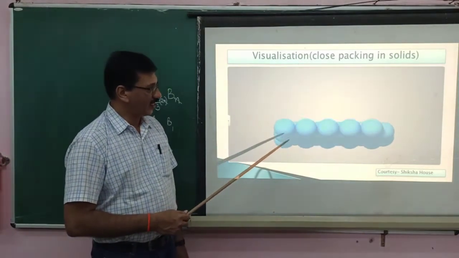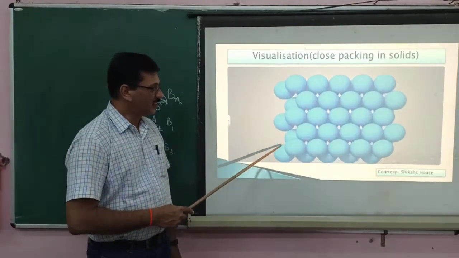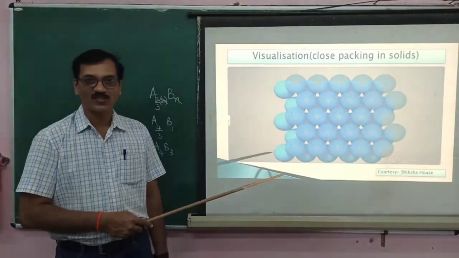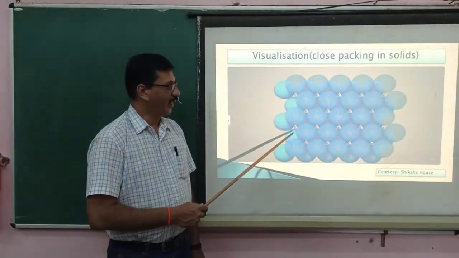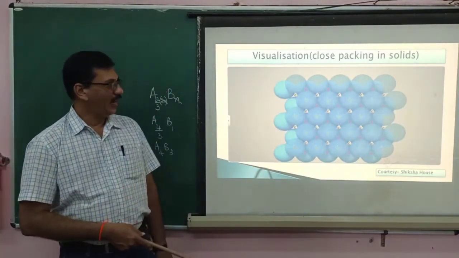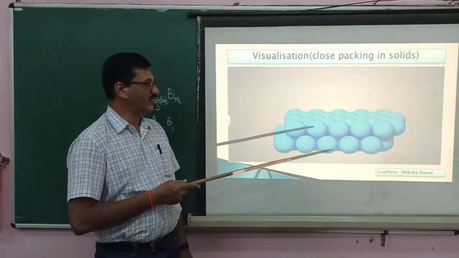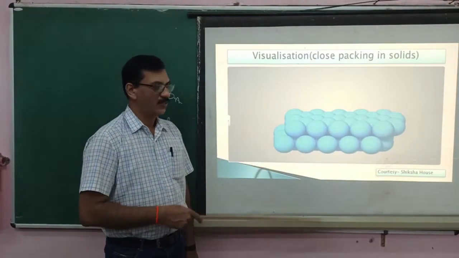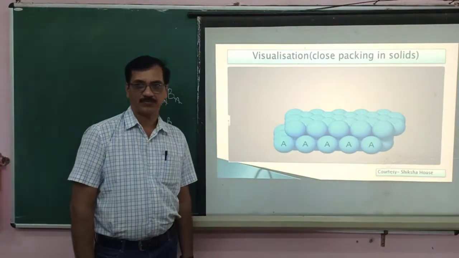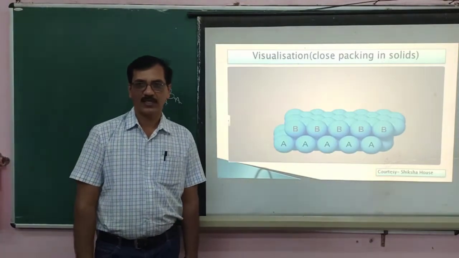By taking such a layer, you keep one over the other in such a way that it fills the spaces or voids. So this is the second layer, and the third layer is similar to the first layer. If the third layer is similar to the first layer, then it is ABA type.